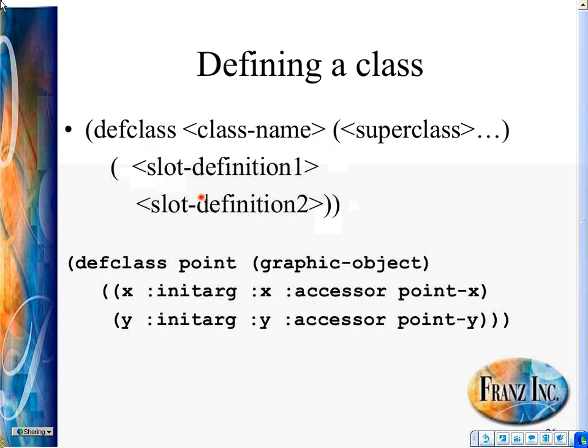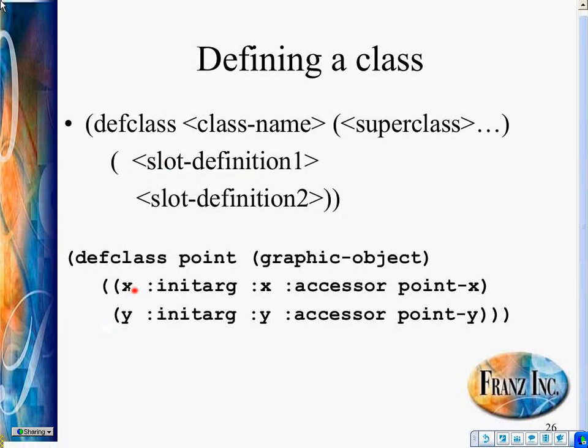Then there is a list of slot definitions, and each slot definition can be just a symbol, in which case that's the slot defined, or it can be a list with additional information. The typical information is the init arg, that is the name of the keyword argument you would give to make-instance when you're creating an instance of this class.